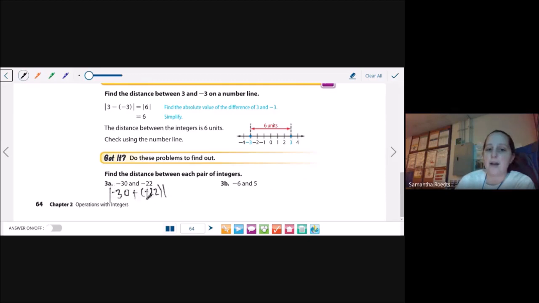This becomes positive, so negative 30 plus 22 gives me negative 8, but it's in absolute value, so the distance is 8. And then negative 6 and 5. So negative 6 minus 5, absolute value, same sign. So that's the absolute value of negative 11, which is 11.